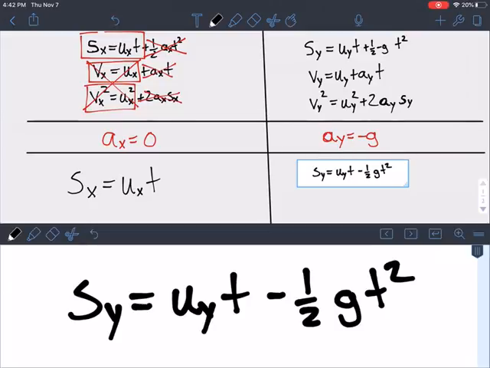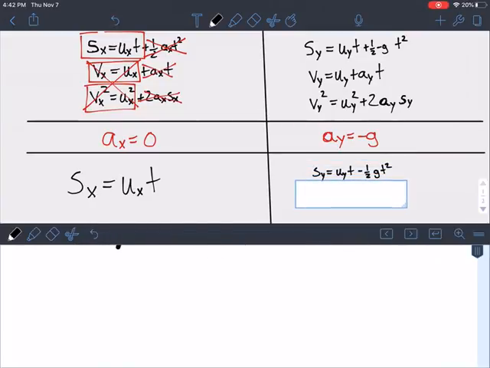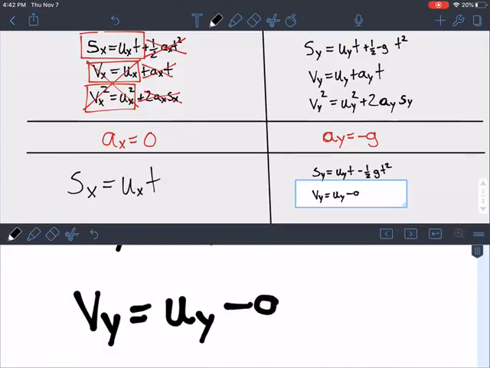Right, and let's do that same thing for the second and third equation. So the second equation is Vy equals uy, and instead of plus ayt, we could just say minus gt.